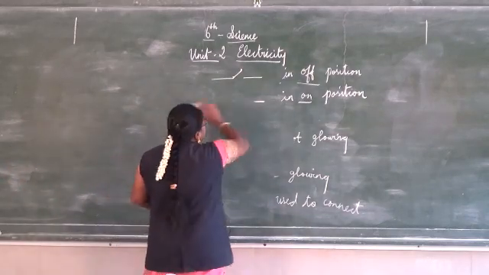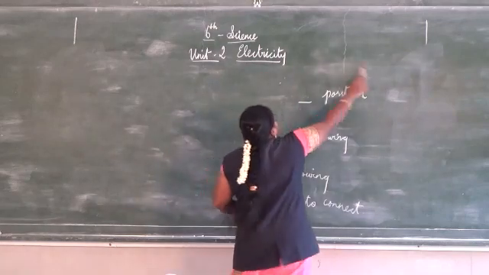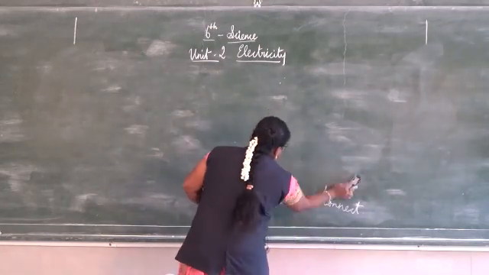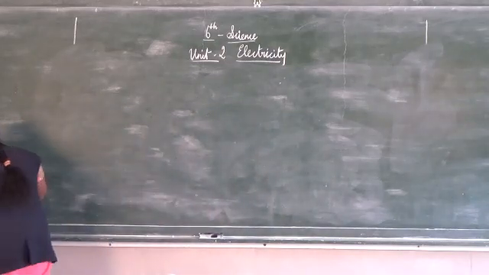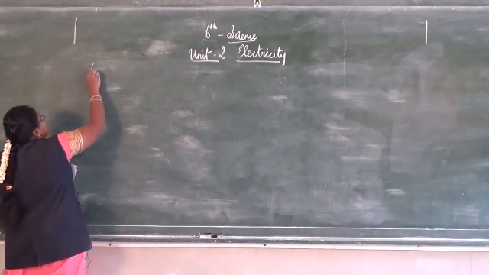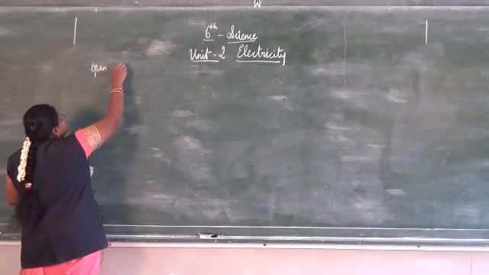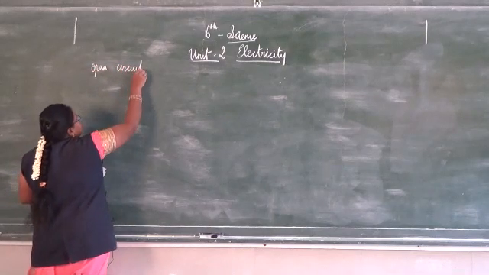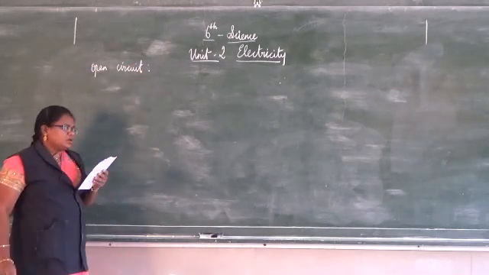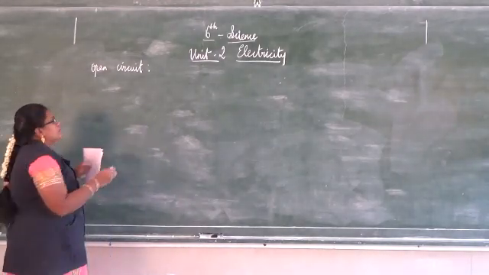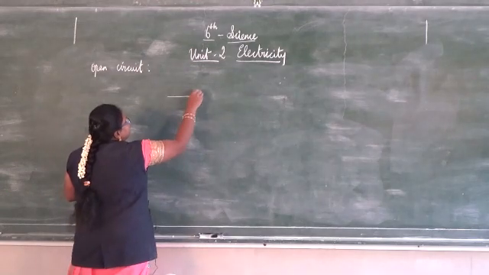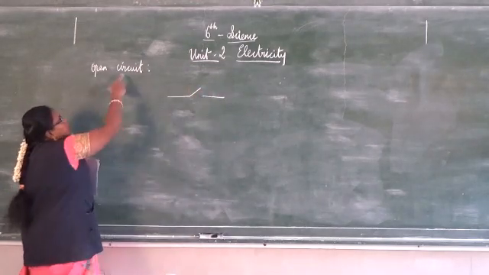Next we are going to see open circuit and closed circuit. Open circuit. In a circuit, if the key is open like this, it means open circuit.